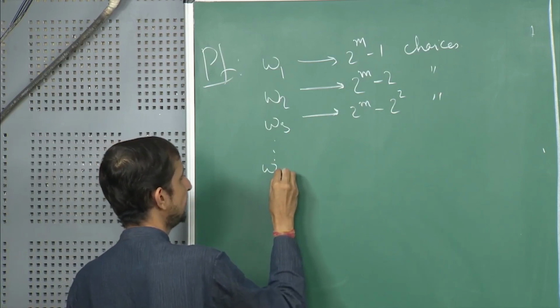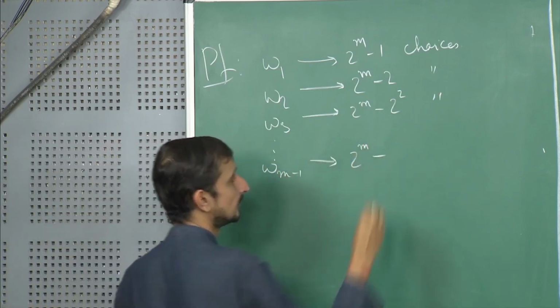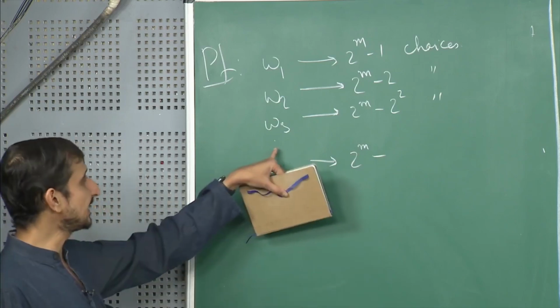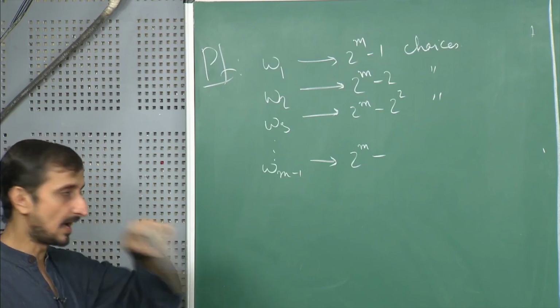So if I go down this way, for m minus 1, I will have how many choices? For any i, I will have 2 to the power m minus 2 to the power i minus 1.